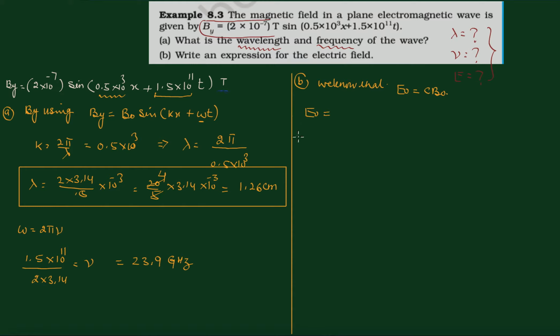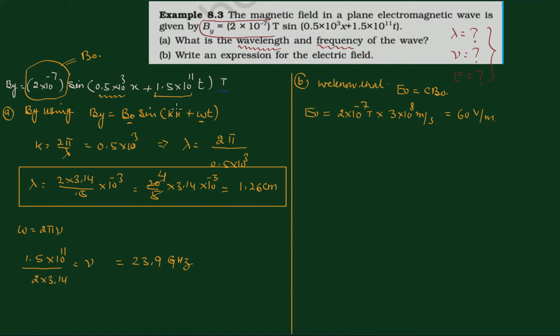What is B0? B0 is this part, 2 cross 10 to the power minus 7 Tesla. Cross the velocity of light, 3 cross 10 to the power 8 meter per second. If you multiply this, you will find that this is 60 volt per meter.